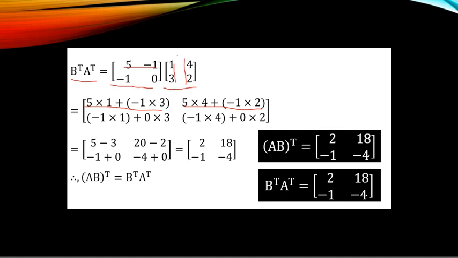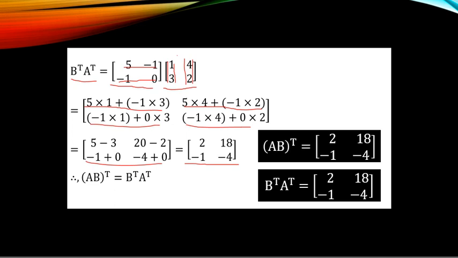Then you take the second row to multiply the first column and second column. That gives the entry in the second row. When you multiply and add, you have this step. Then after adding, finally you have the matrix with entry the first row, 21 and 8, second row minus 1 and minus 4.